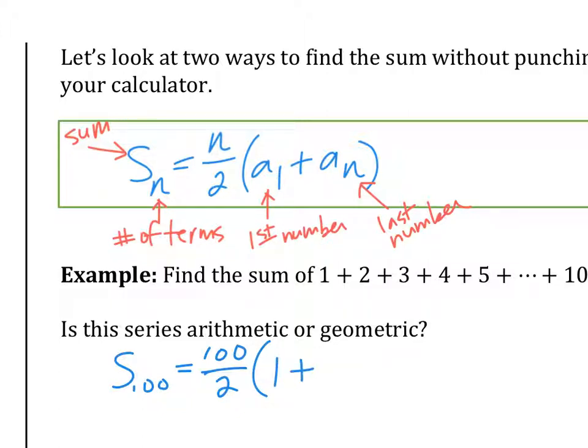And what is my last number? 100. Check and see if that is 5050, because we already know the answer is 5050. Check with your calculator or do it in your head. You guys get 5050? Yeah. All right, that was an easy one.